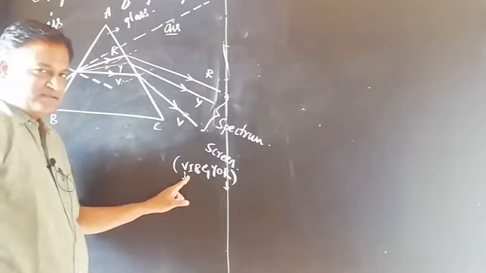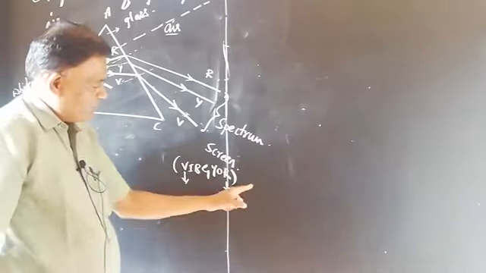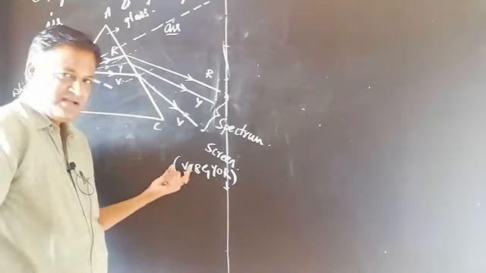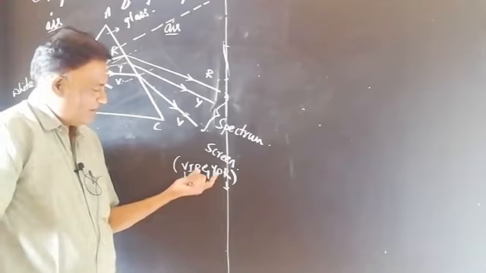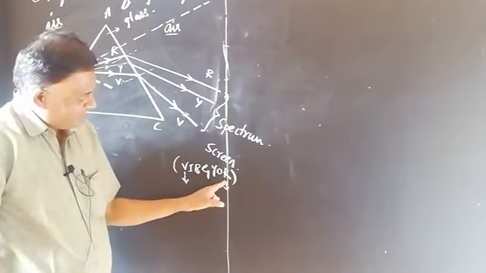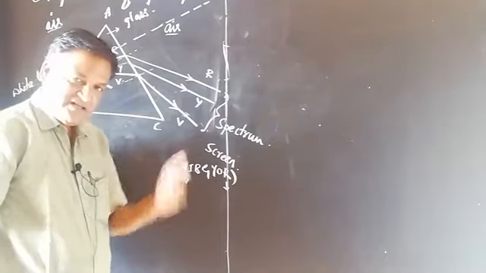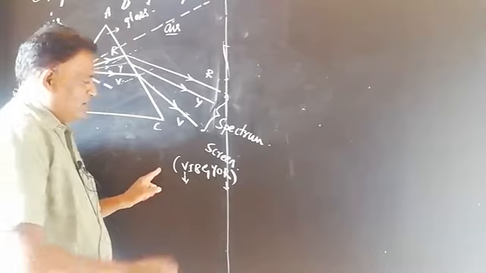Electromagnetic spectrum consists of electromagnetic radiations from gamma rays to radio waves, wherein gamma rays, X-rays, ultraviolet rays, visible light, infrared radiations, microwaves, radio waves. This is the electromagnetic radiation spectrum.